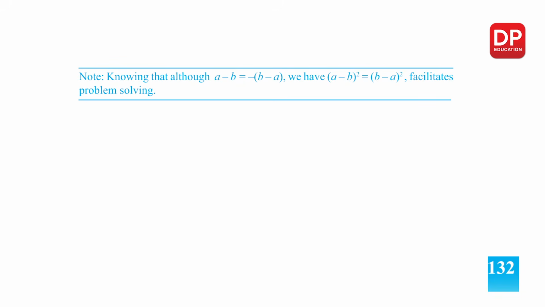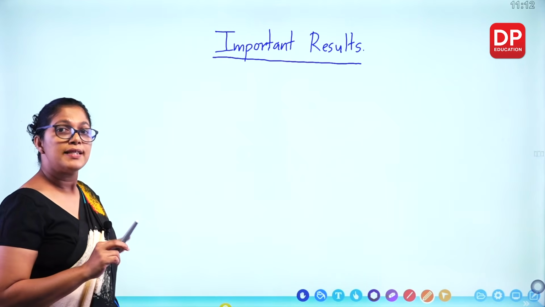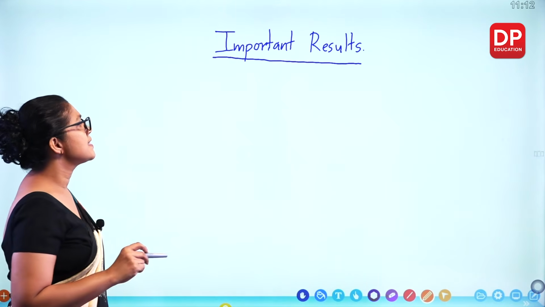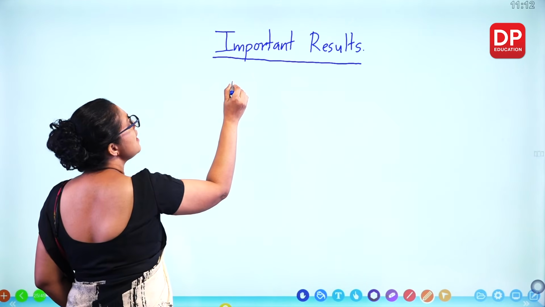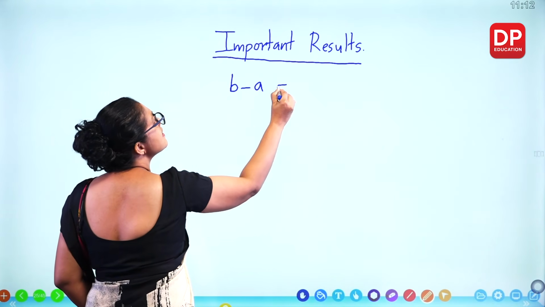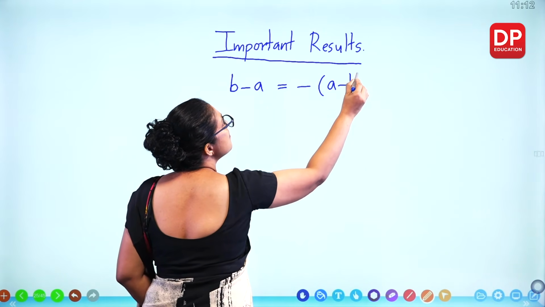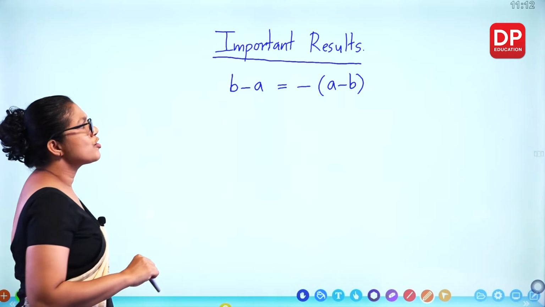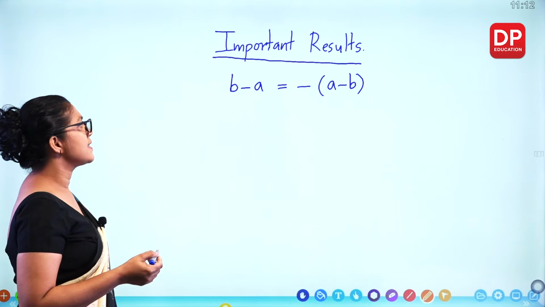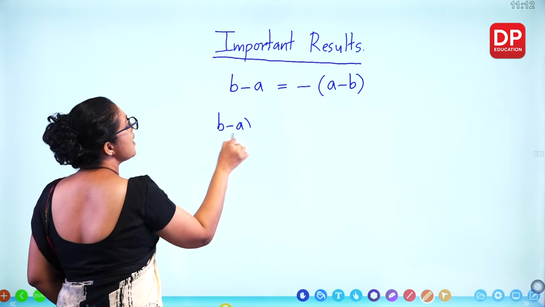Now, from the previous example, we found out an important property that we learnt in chapter 7. So what's that property? We found out b minus a is same as minus a minus b. Now I want to square both sides. So what happens when you do b minus a squared?